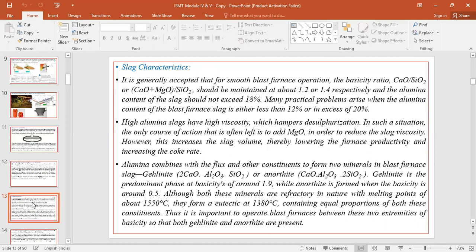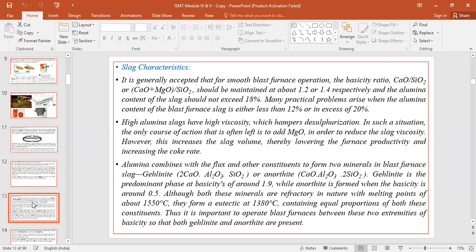A lot of problems arise when the alumina content in the blast furnace slag is either less, or exceeds 20%. Alumina slags generate a huge viscosity, because of which the fluidity of the slag will be very poor inside the blast furnace, and that will certainly damage the permeability of the bed.